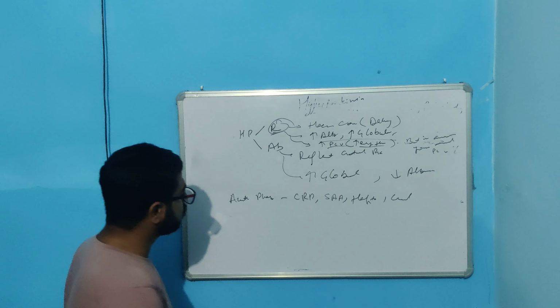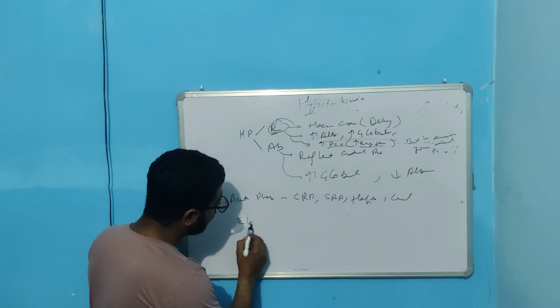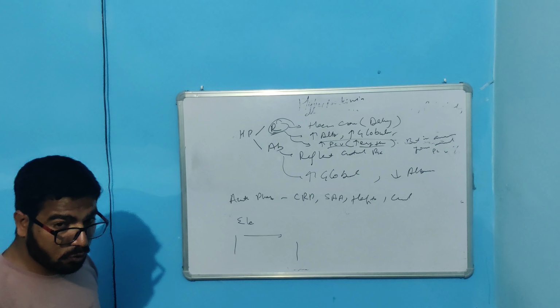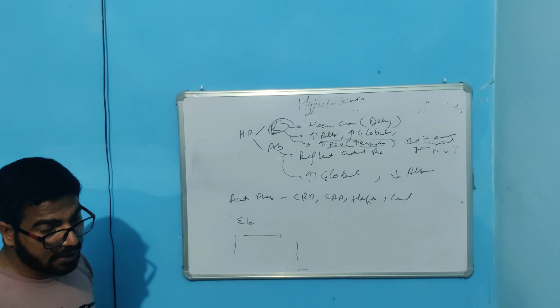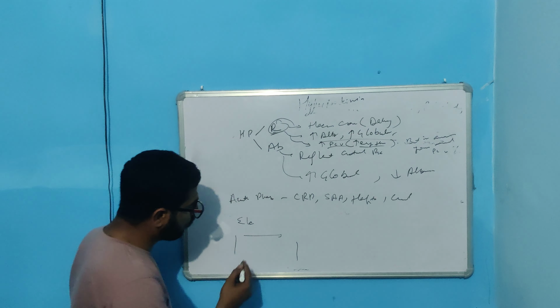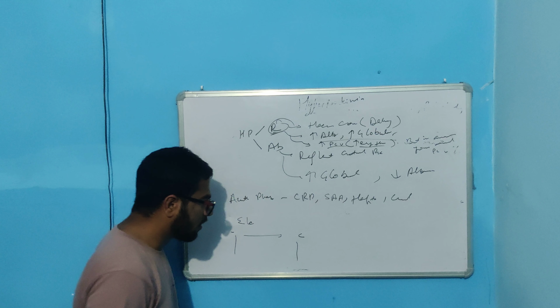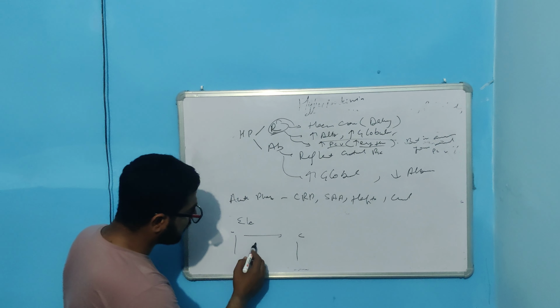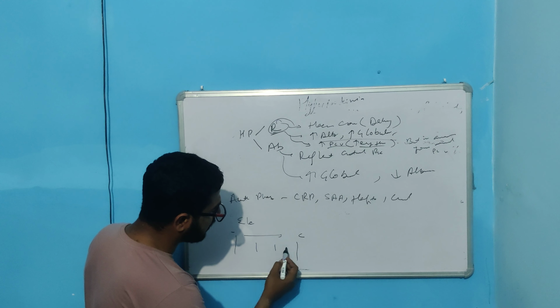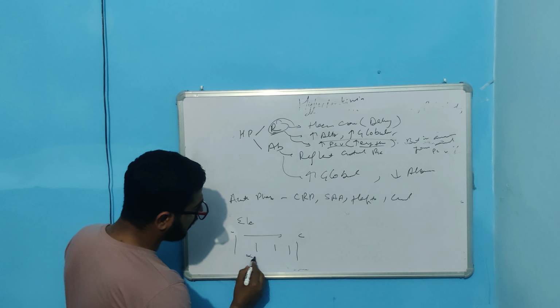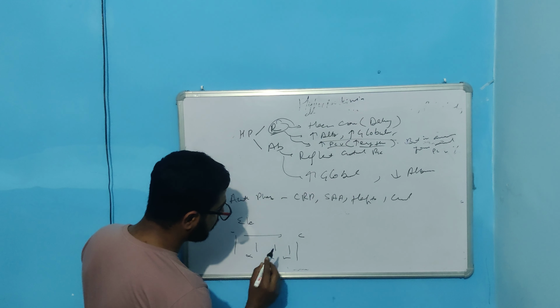When an electrical field is applied, various proteins, depending on their size, shape and charge, will move from anode to cathode, right? Some proteins settle in this region, some in that region. There are different regions: alpha, beta and gamma.